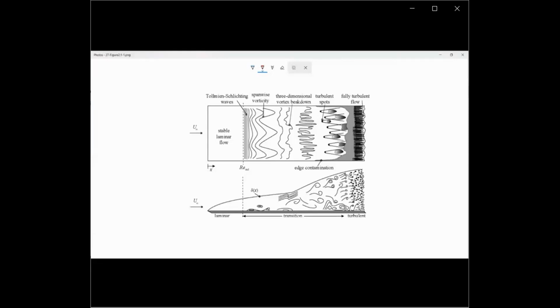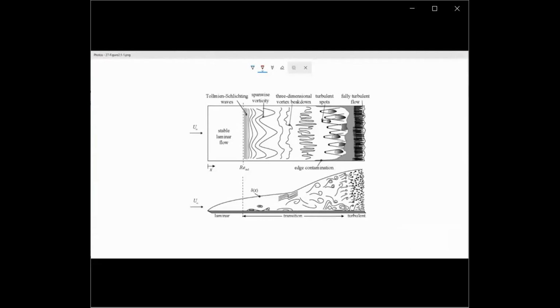And first of all, why are we doing these? Why do we need these parameters? Of course, at the end of the day, we need to know the drag coefficient. So in order to find the drag coefficient, we need these parameters.